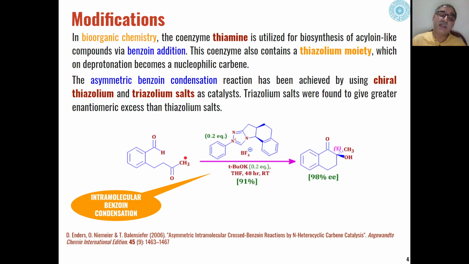When this was reacted under basic conditions in presence of potassium tertiary butoxide as a base, in presence of this chiral triazolium catalyst, then we got asymmetric benzoin products with high enantiomeric excess of the order of 98%, and products were also formed in high yield, that is of the order of 91% in this particular case.